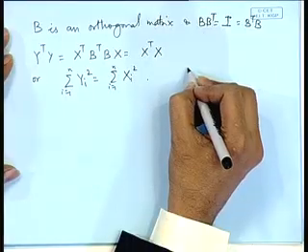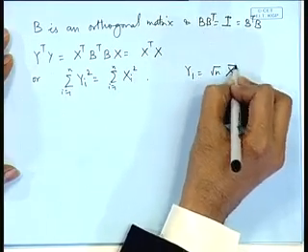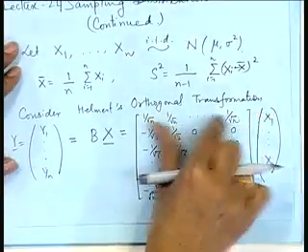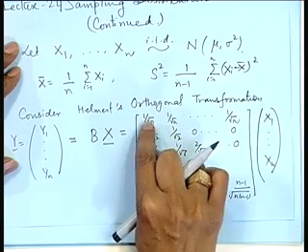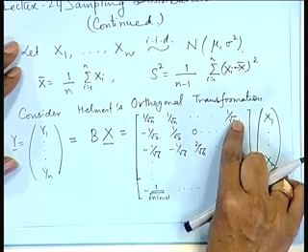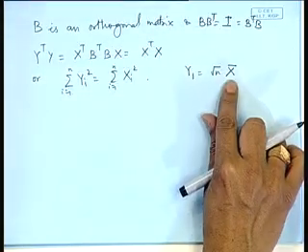Also, we can see by this transformation that y1 is equal to root n x bar, because if I consider the multiplication of this matrix with this vector and look at the first term, the first term will be x1 by root n plus x2 by root n plus xn by root n. So, that is root n x bar. So, y1 is root n x bar.